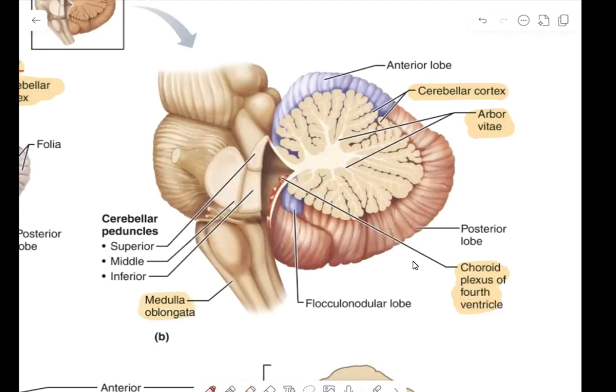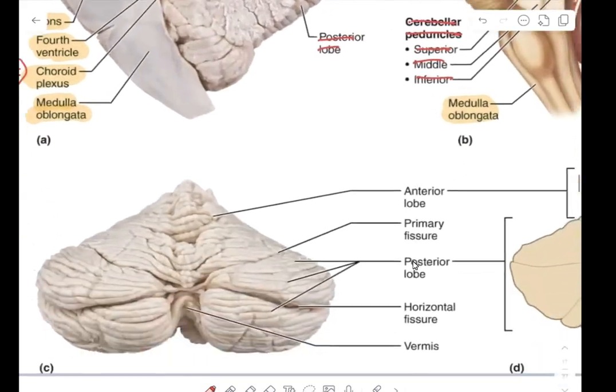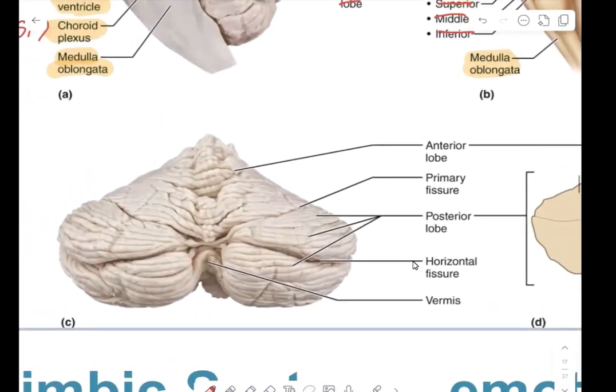You're not responsible for the cerebellar peduncles, so I'll cross them out along with the flocculonodular node, posterior lobe, and anterior lobe. Over here, you don't need to know the posterior lobe, the folia, the anterior lobe. And then when we look down here, we'll cross off some of these.